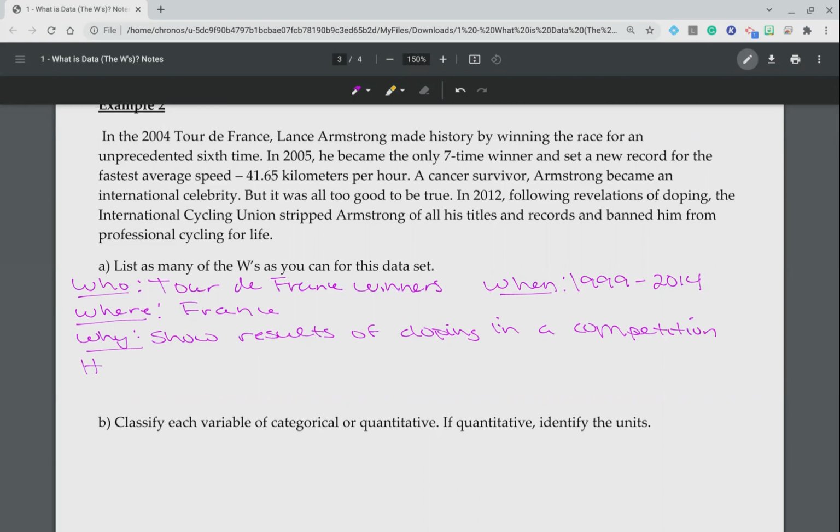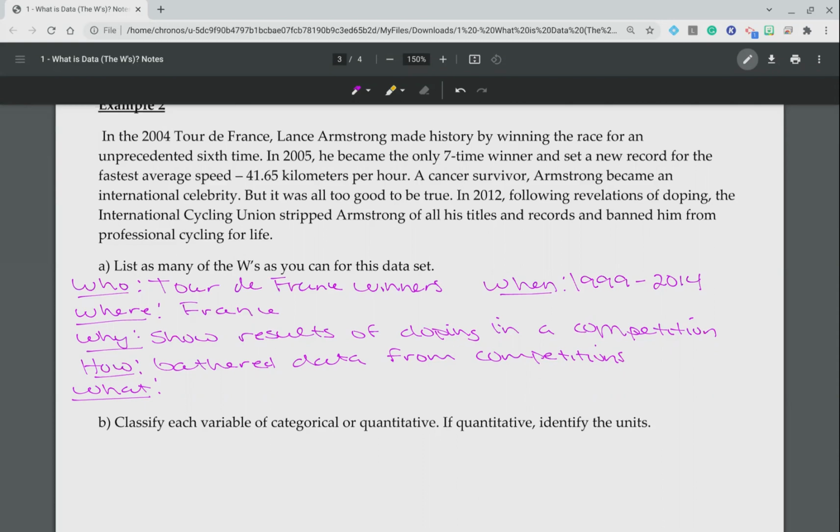Okay, how did they do this? Well, they gathered data from competitions. Right, and I saved what for last, because it's usually a pretty long one.